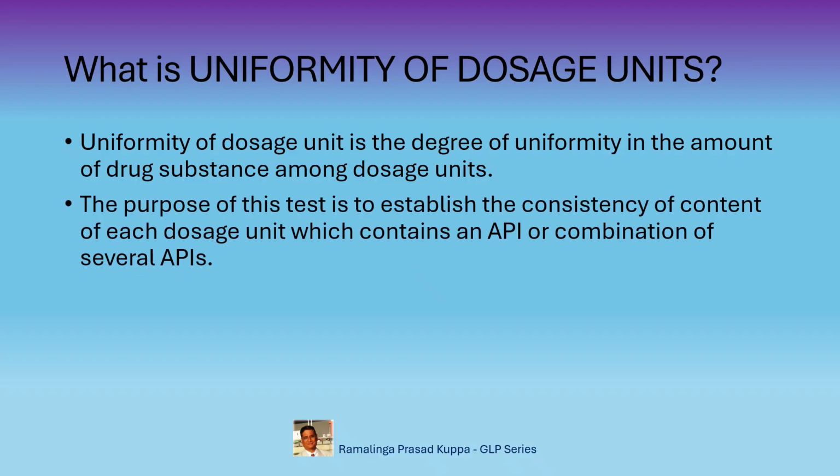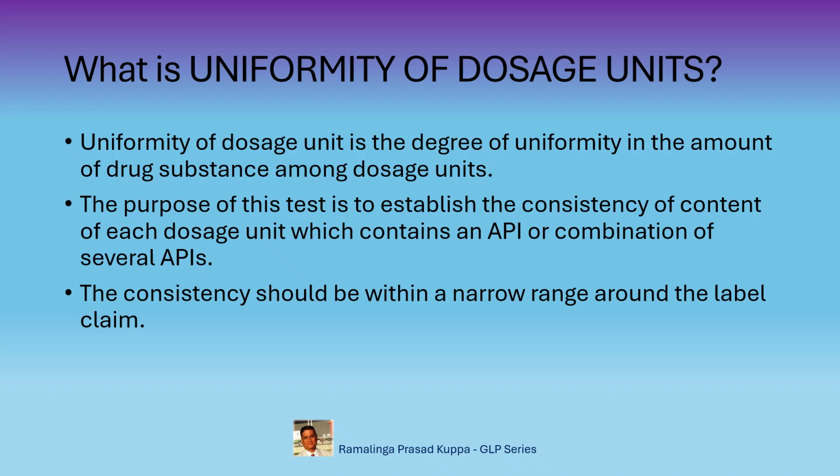The purpose of this test is to establish the consistency of the content of each dosage unit, which contains an API or combination of several APIs. The test is applicable to all the other APIs present in the dosage form individually.